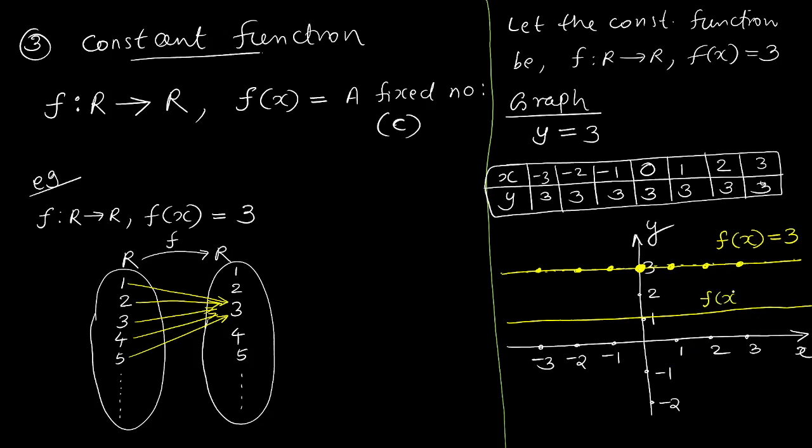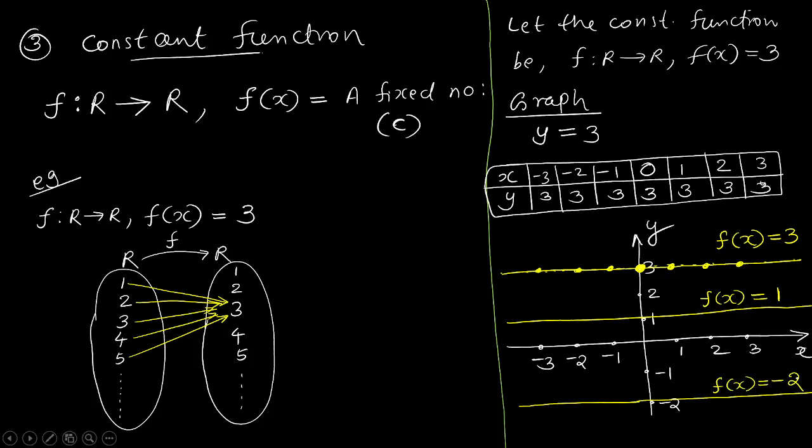It is the graph of the constant function f of x equal to 1. And if you want the graph of the constant function f of x equal to -2, you draw a horizontal line passing through -2. It is the graph of f of x equal to -2.